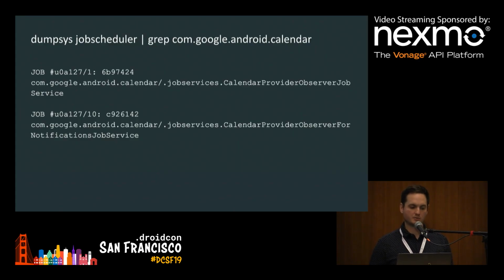What we can do also is dump the status of job scheduler. And we may, therefore, for example, find out that calendar uses 2 jobs, and one of them periodically queries the calendar content provider, and the other one queries the notifications provider. I don't know why calendar needs notifications, but well, okay, there are some reasons.